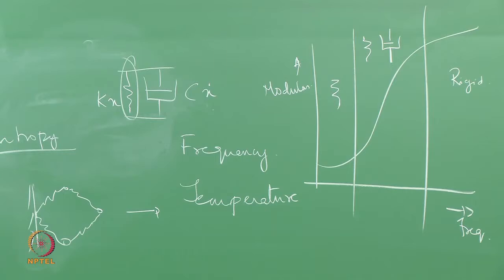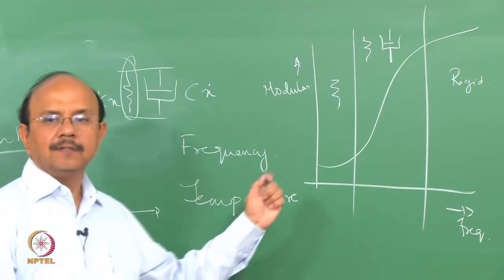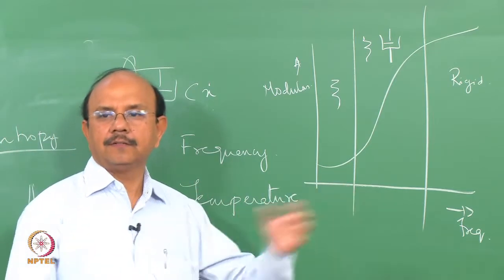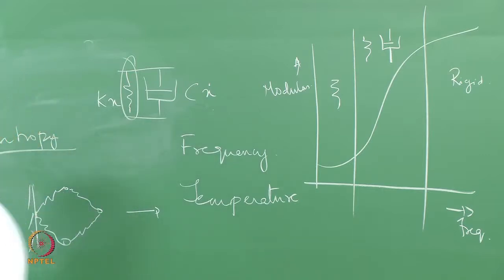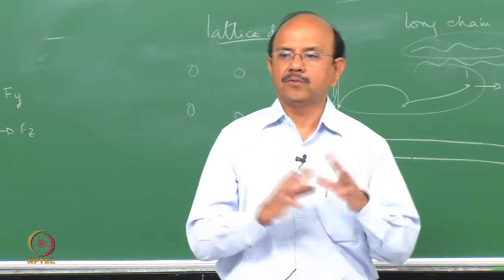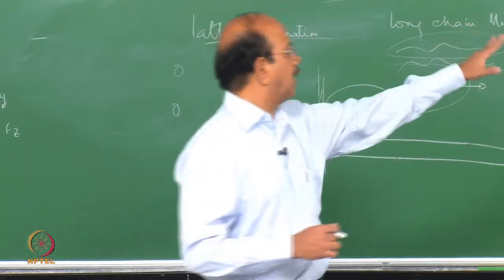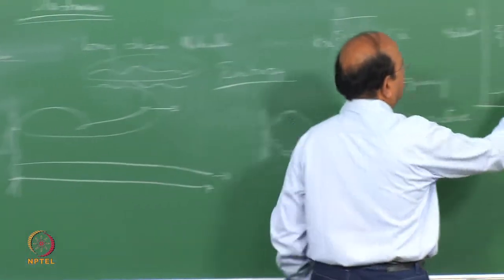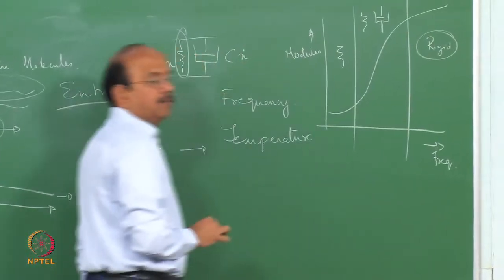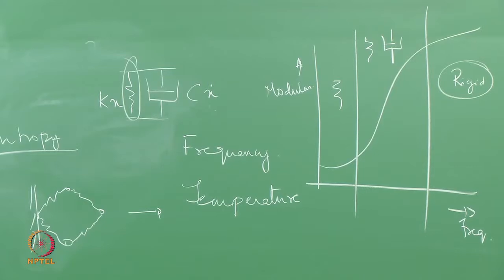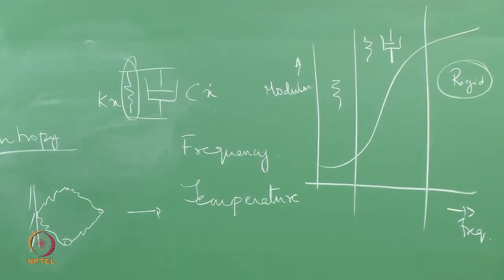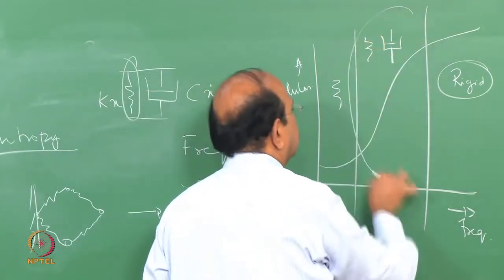So to summarize, at low frequency, the time required is good enough for the rubber molecules to come back, and so they are springs. And at higher frequencies, they don't have time, and hence they become rigid. Our region of interest in this whole thing is this.